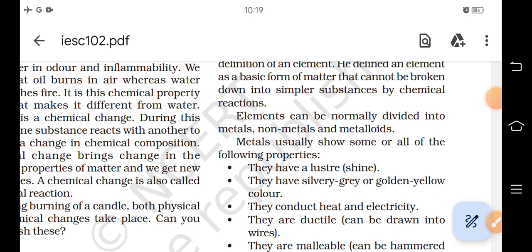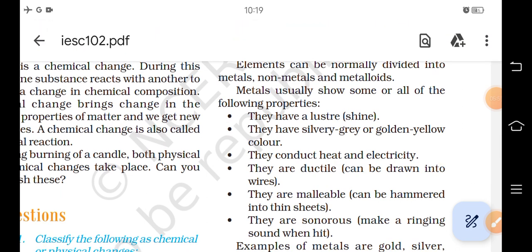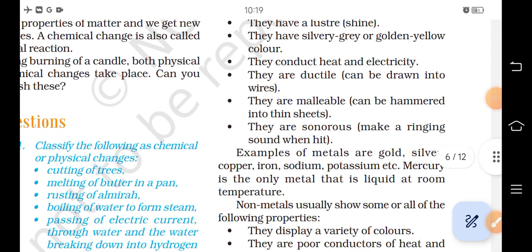Elements can be normally divided into metals, non-metals, and metalloids. Metals usually show some or all of the following properties. They have a luster, shine, and have silvery, gray, or golden yellow color. They conduct heat and electricity.